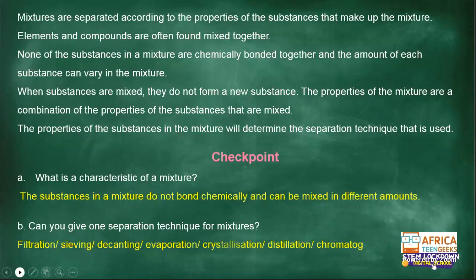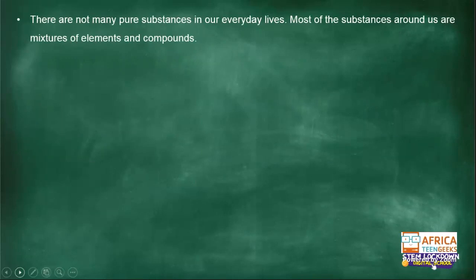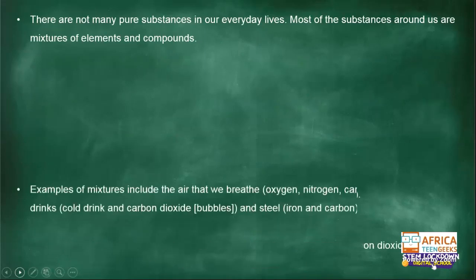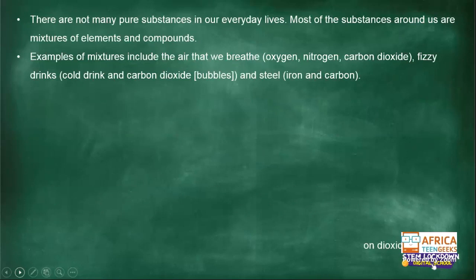Okay, so now there are not many pure substances in our life every day, and most of the substances around us are mixtures of elements and compounds. And remember I told you that in the periodic table there were more natural elements as opposed to man-made elements. Now, examples of mixtures include the air that we breathe, like for example oxygen, nitrogen, carbon dioxide.